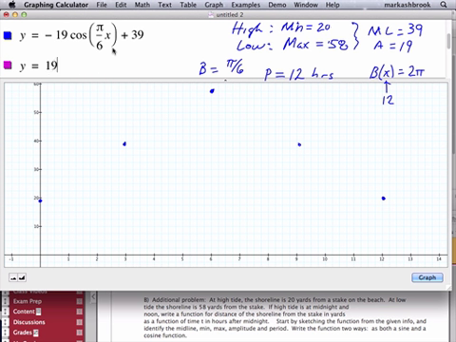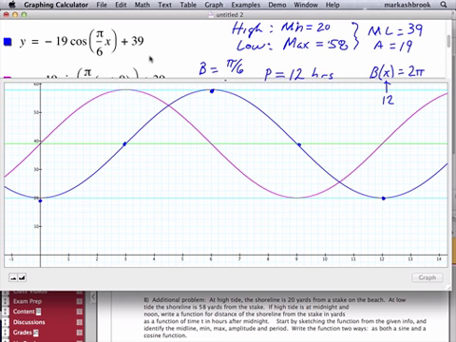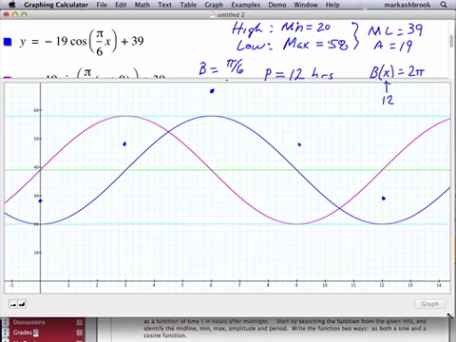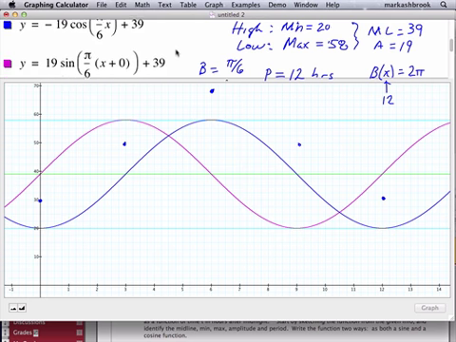Okay, so as a sine, there's sine without a shift. I just graph sine with everything else the same, without a shift.